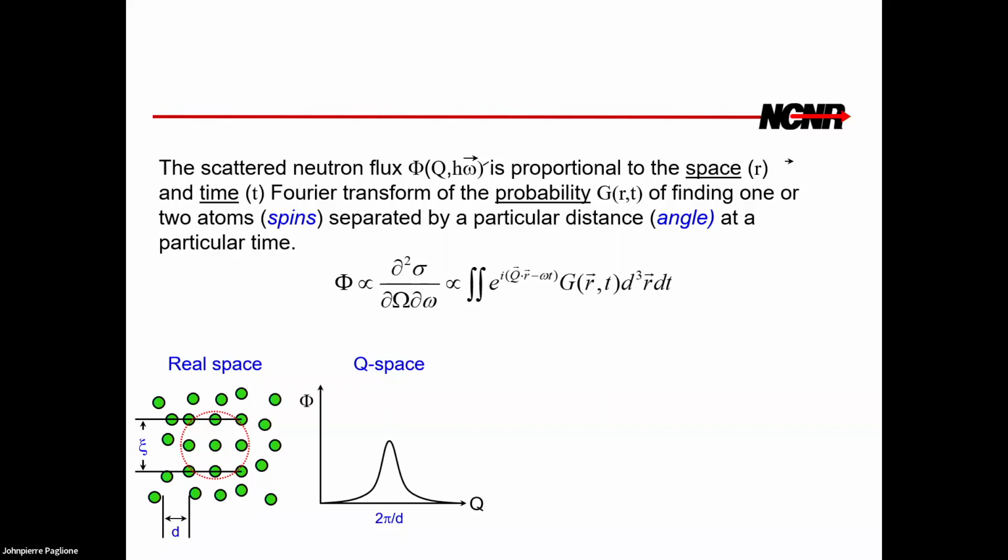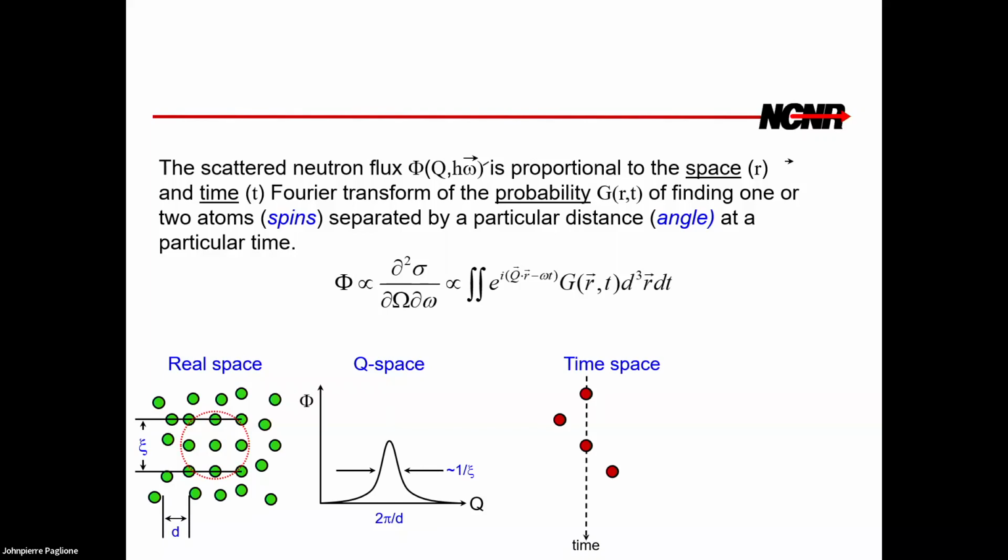So you can get a lot of information about the disorder. And if it's a magnetic system, for example, you can do that as a function of temperature and measure this correlation length in real space. And the width of this is just 1 over that. Same thing with time.